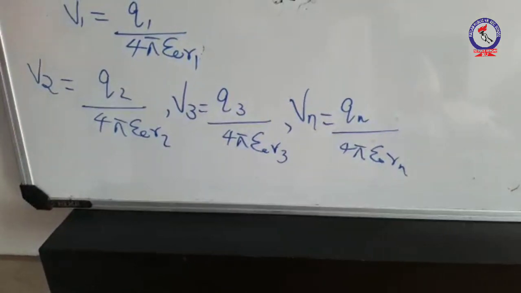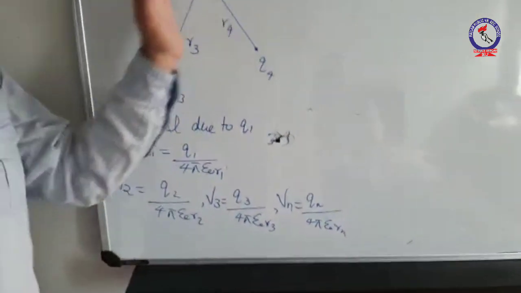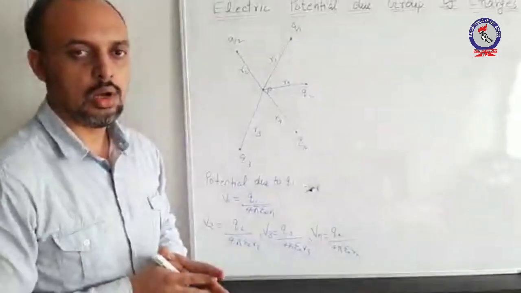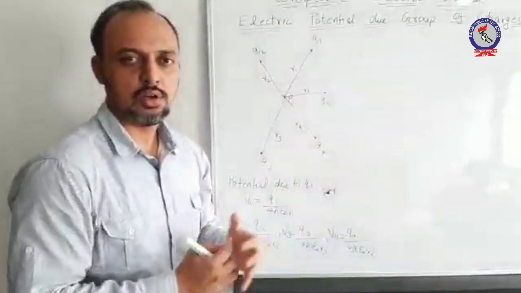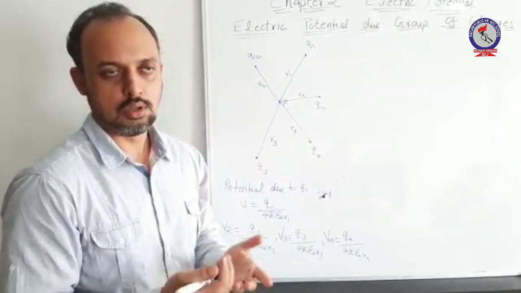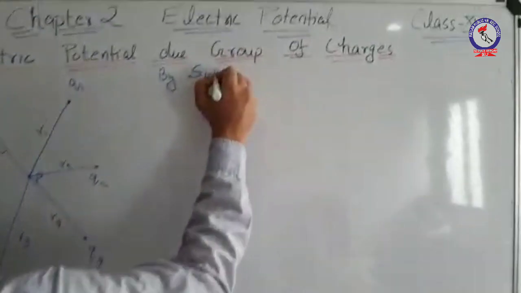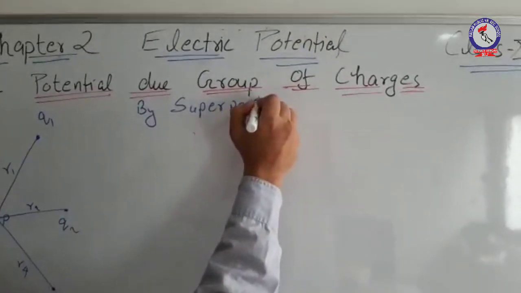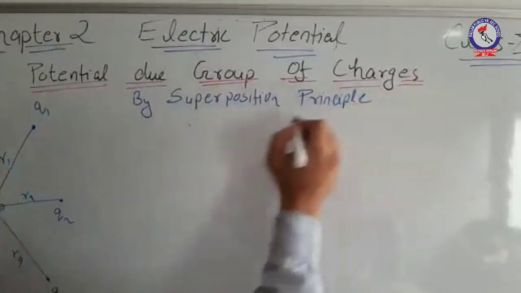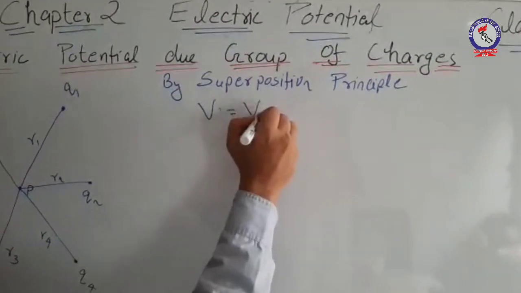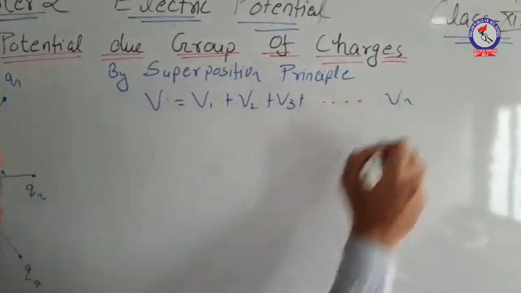Now, since we have calculated the individual potentials due to all the charges in this system, what we need to calculate is the net potential due to all these charges present here. We have studied a concept called the superposition principle. Therefore, by applying the superposition principle, the net potential V can be given as V1 plus V2 plus V3 till Vn.